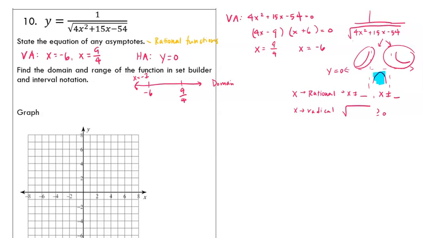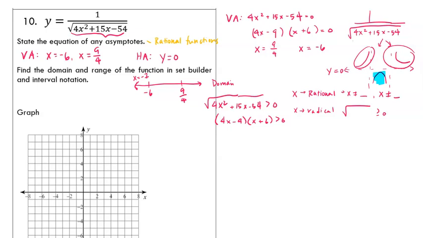When we're looking at the domain, the entire radical for x squared plus 15x minus 54 has to be greater than or equal to 0. But this entire thing cannot be equal to 0, can it? No. I forgot to do this part. 4x minus 9, x plus 6 has to be greater than 0. And that's where we got those numbers that we need to test. And we could just test the asymptotes.